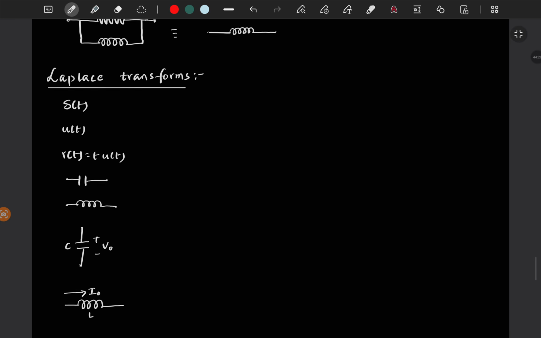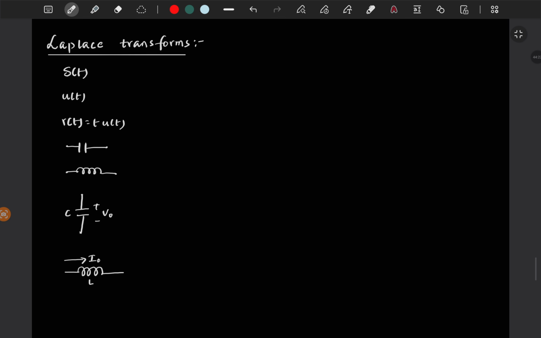And we can now look at the Laplace transforms of some simple functions. For the impulse function, the Laplace transform is a constant. Here the magnitude is 1, so you will get 1. For a unit step function, the Laplace transform is 1 by s.